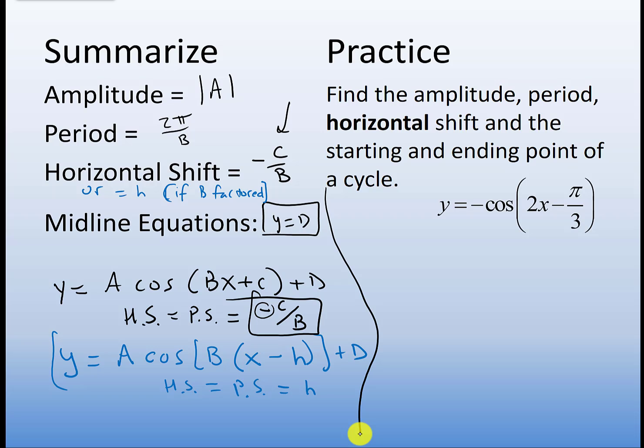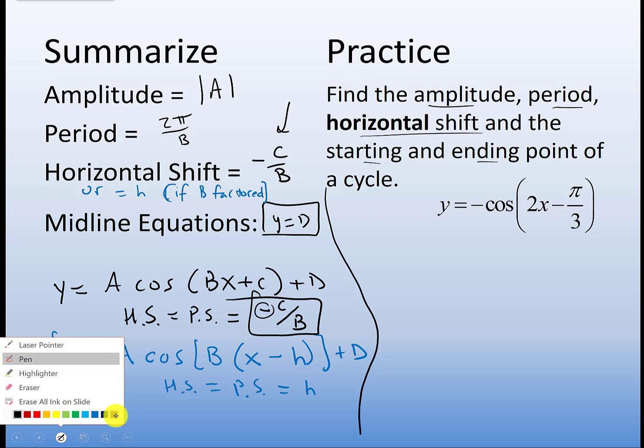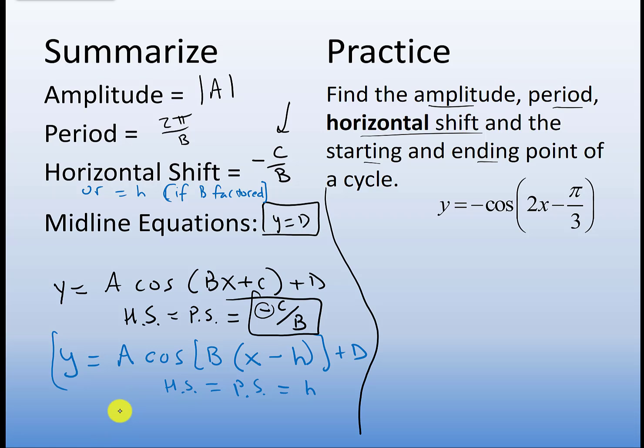So we're asked for several things here. We're asked for the amplitude, the period, the horizontal shift, and the starting and the ending number. So we got several things to pull out, and they all come from the different parameters. As I look at this equation, I need to know all the parameters. I have an a, it equals -1. I have a b, it equals 2, and I have a c, and it equals -π/3.